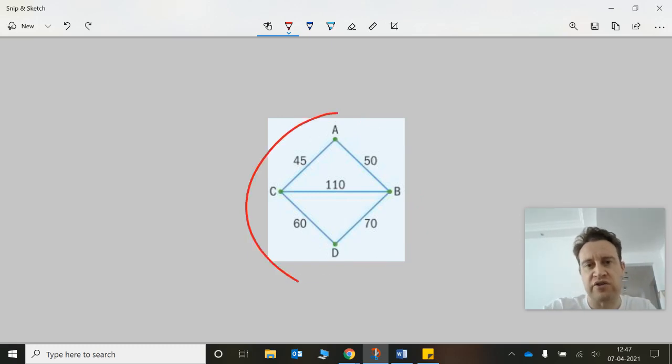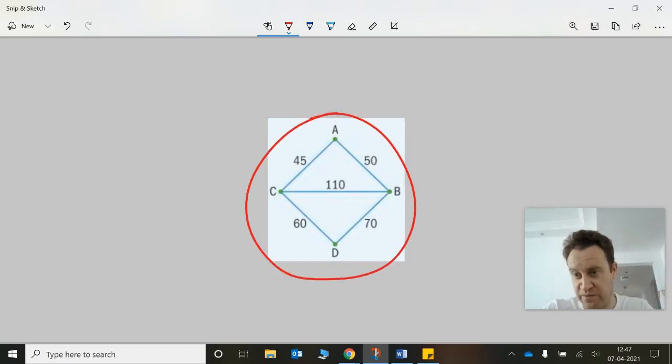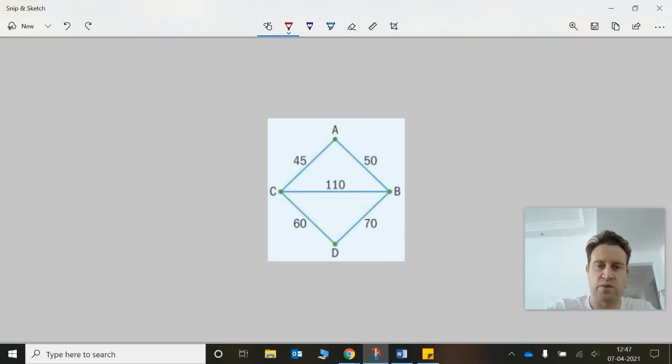And instead of having a graph of all of our distances via the direct routes, what we want is a graph of the shortest routes between each of the locations. So what are we talking about here?